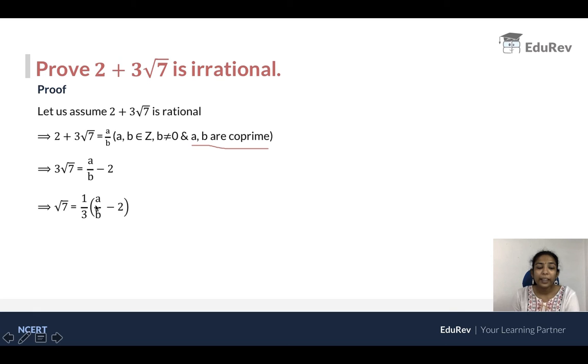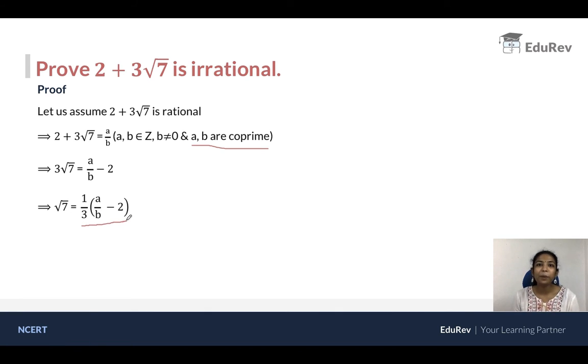So here these are nothing but subtraction of two rational numbers, so this should be a rational number. And 1 by 3 is a rational number, and the output that you are going to get for A by B minus 2 is also a rational number. If you are multiplying two rational numbers, then also the outcome should again be a rational number. So I can conclude that this part is rational.